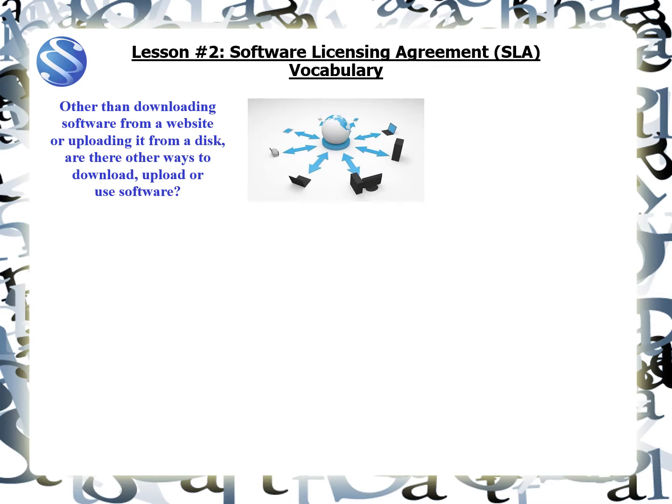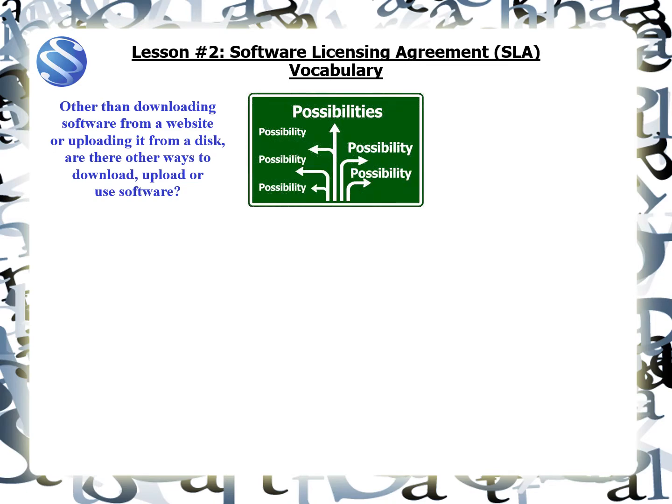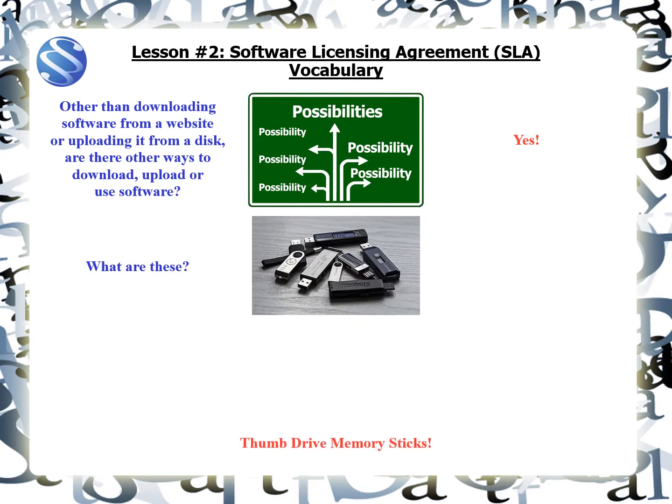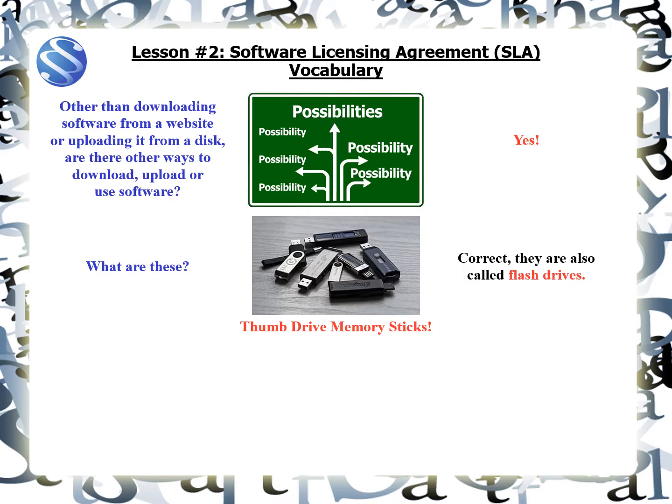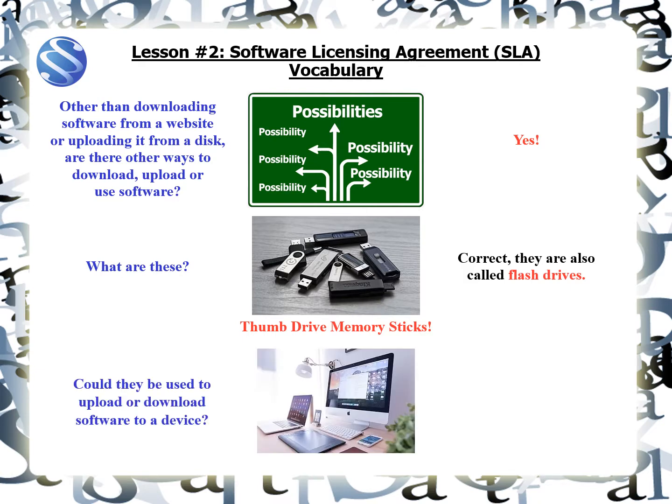Other than downloading software from a website or uploading it from a disk, are there other ways to download, upload, or use software? Yes. What are these? Thumb drive memory sticks. Correct. They are also called flash drives. Could they be used to upload or download software to a device? Yes.